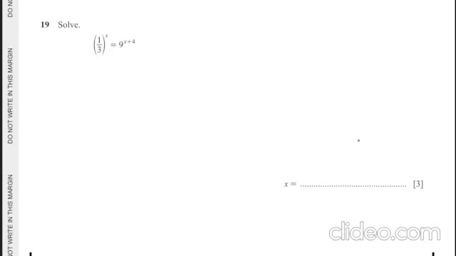Now again an exponent question, so we have to first make the same base. So 1 upon 3 to the power x can be written as 3 to the power minus x, and this can be written as 3 to the power 2 times x plus 4. Power to the power, powers will get multiplied: 3 to the power minus x, 3 to the power 2x plus 8.